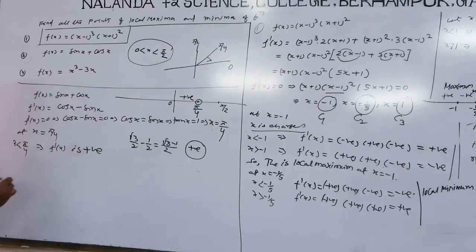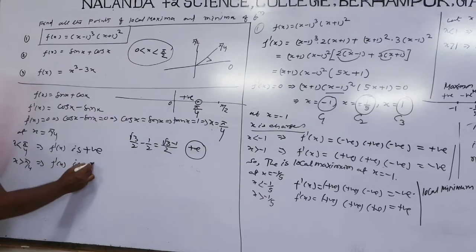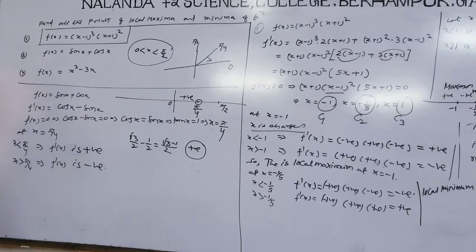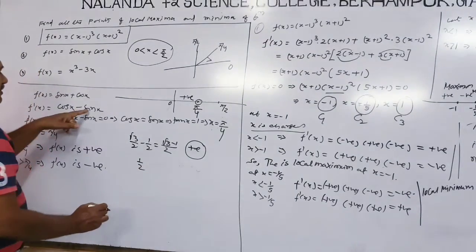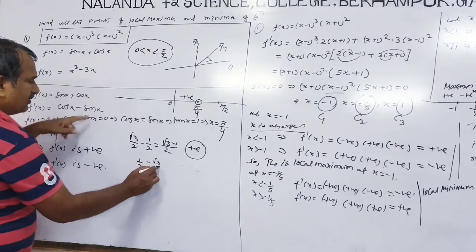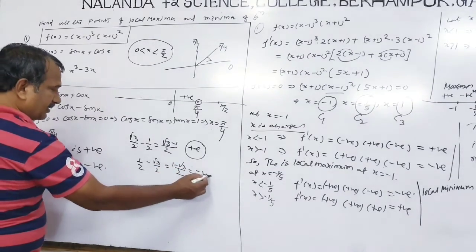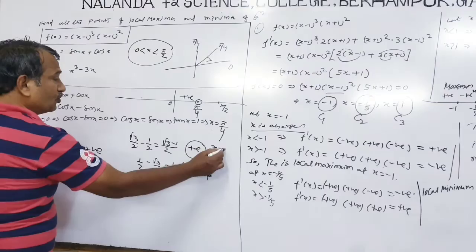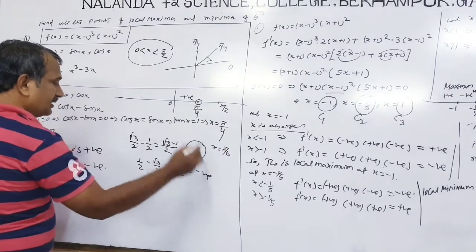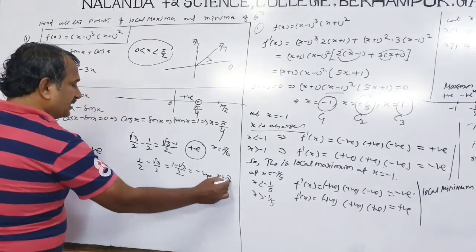When x is greater than pi by 4, then f dash x is negative. Let us say x equal to 60. What is cos 60? 1 by 2. What is sin 60? Root 3 by 2. So 1 minus root 3 by 2 is negative. Here x equal to pi by 3, 60, let us say.